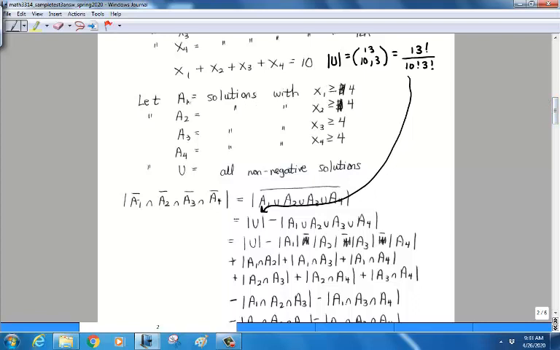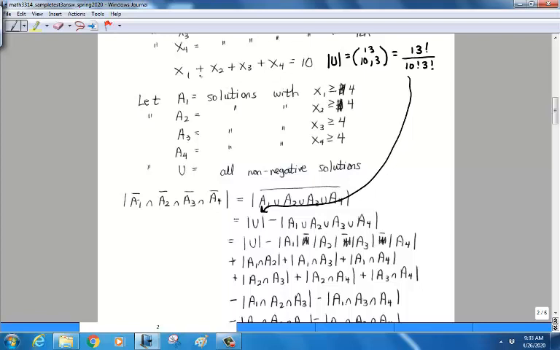So what would the size of A1 be? That's solutions where x1 is bigger than or equal to 4. Well, you remember you're distributing 10 candy bars. And if you want x1 to be bigger than or equal to 4, then just go ahead and assign at the beginning 4 candy bars to x1.